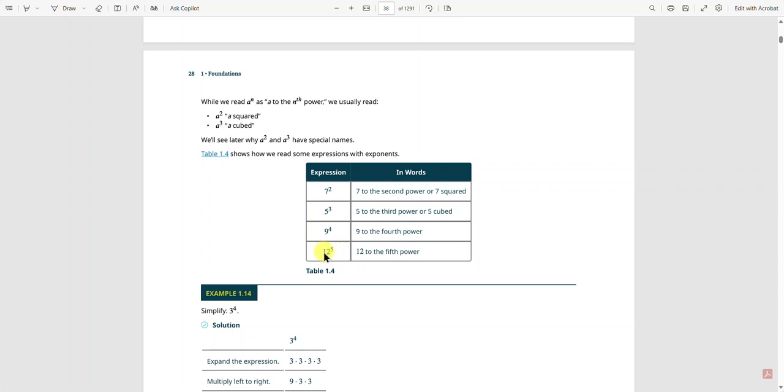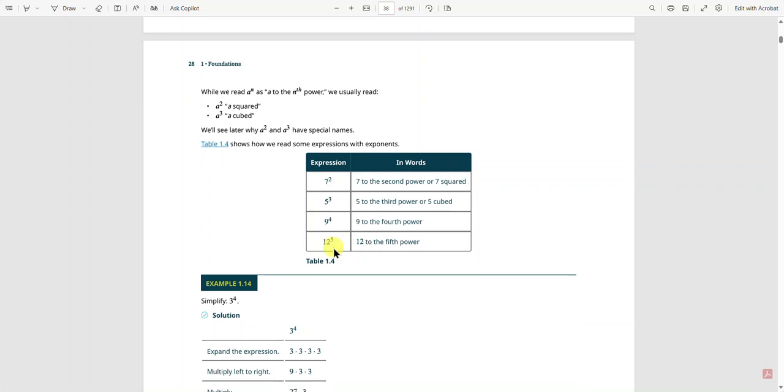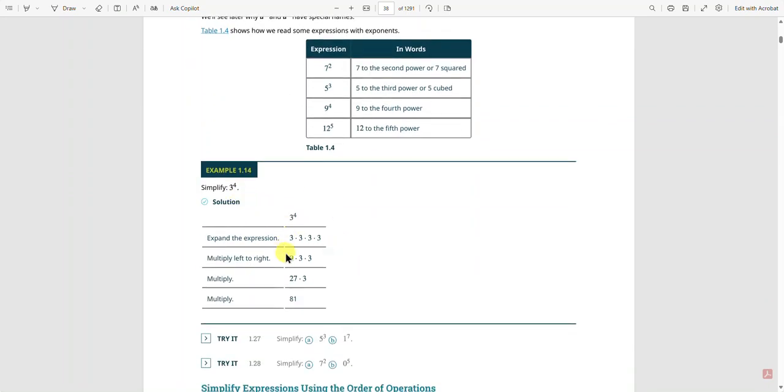So you should understand what the base is. The base is the number that's being multiplied, and the exponent shows us how many times the base is being multiplied. And you're given some more examples here where you're actually asked to find the solution, to simplify or express this in the simplest way possible.